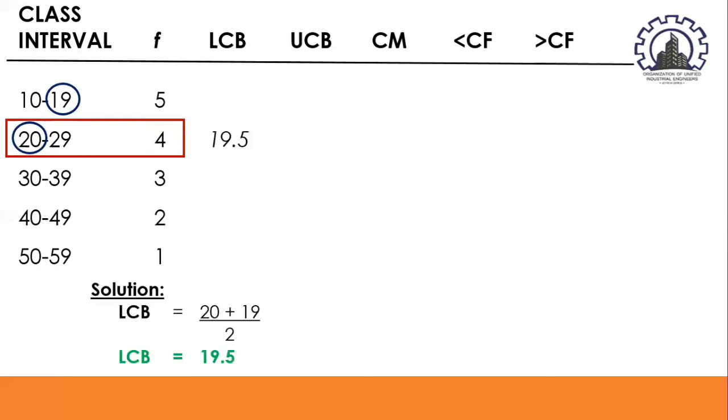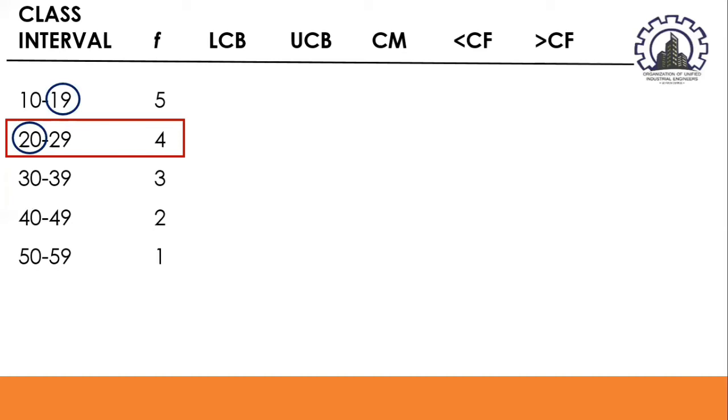Before we calculate the value of our lower class boundary, as we defined earlier, the lower class boundary is the middle value of the lower class limit of the class and the upper class limit of the preceding class.